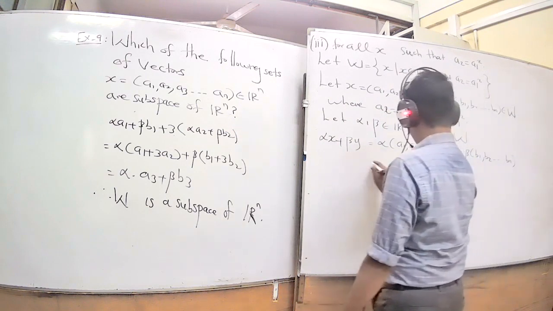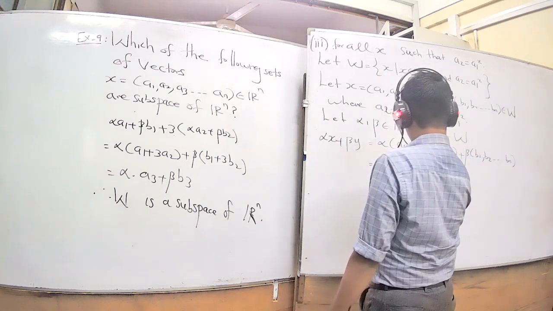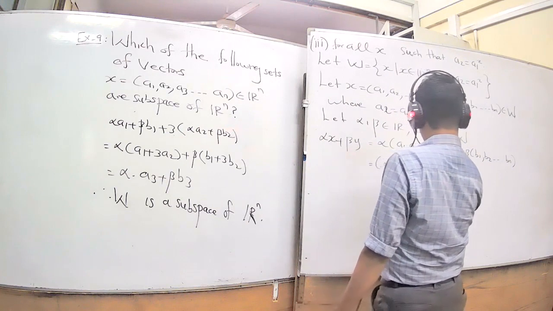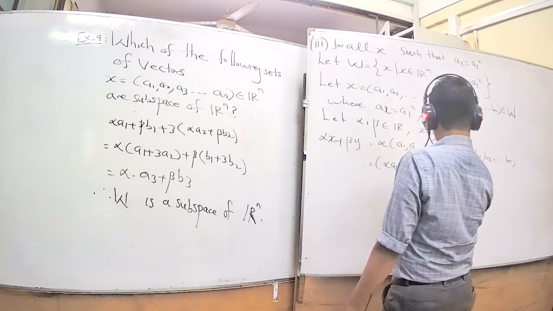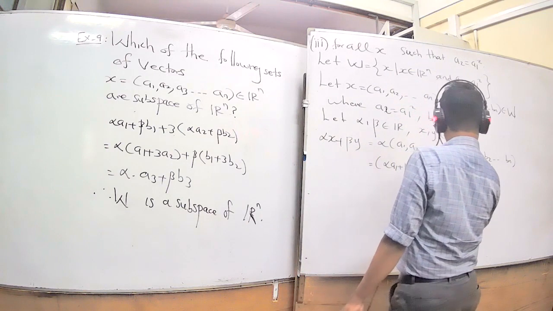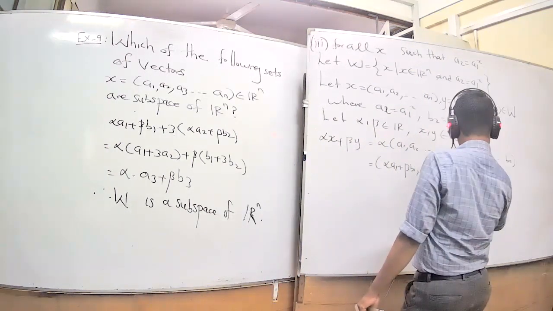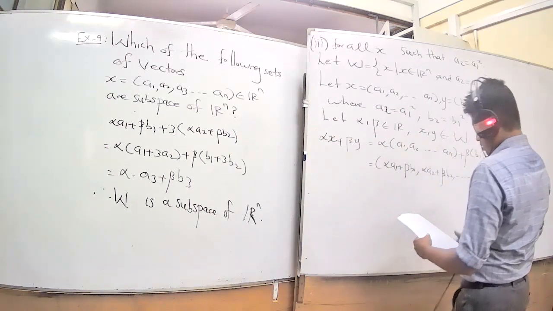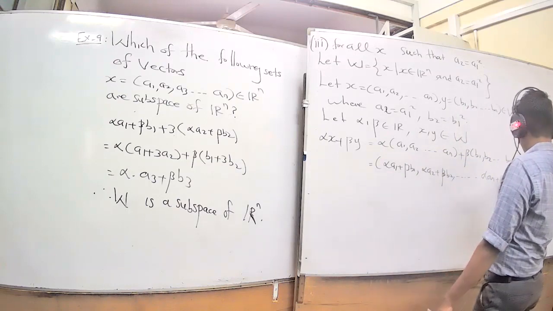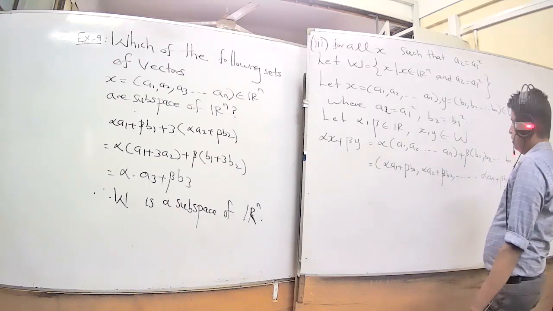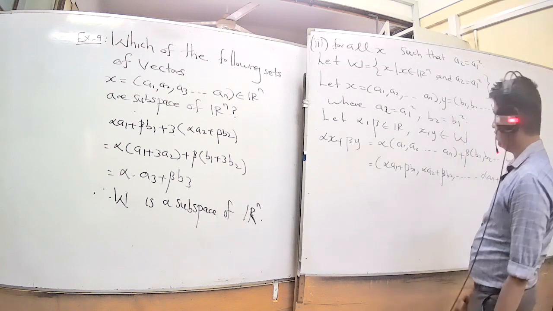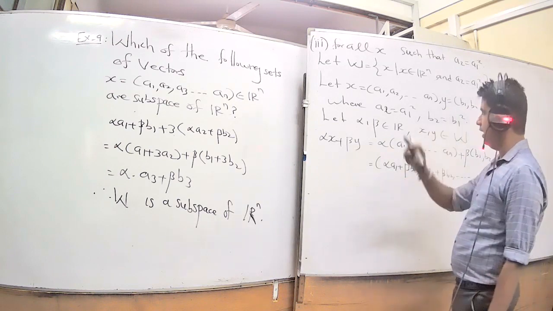So this is (alpha a1 plus beta b1, alpha a2 plus beta b2, and so on, alpha an plus beta bn).